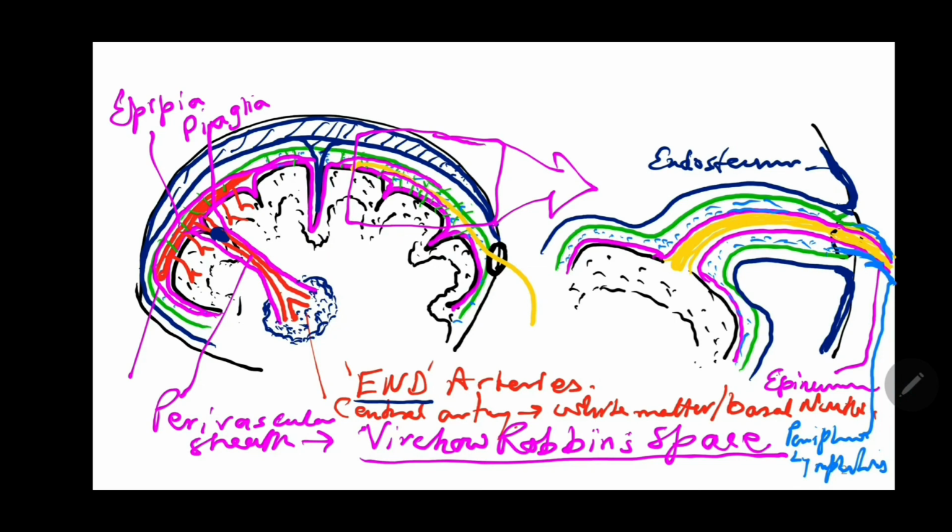Endosteum is the periosteum on the inside of the cranial vault. Or rather the entire cranium, the inner layer of this periosteum is called endosteum. So that's how the dura mater merges.